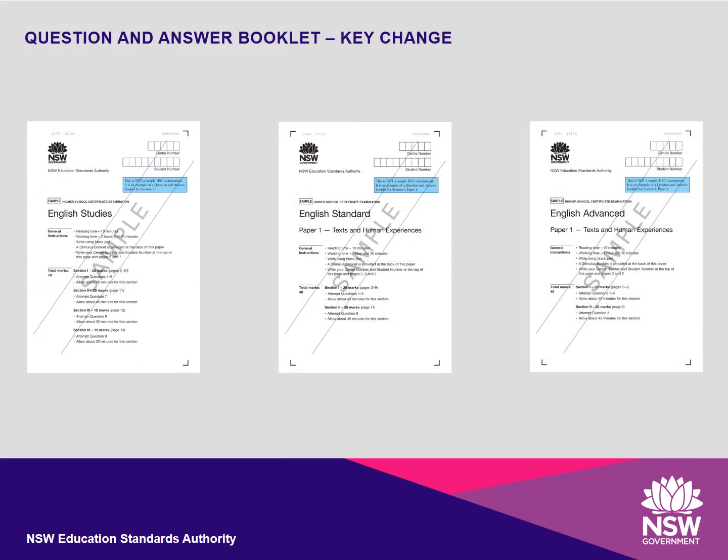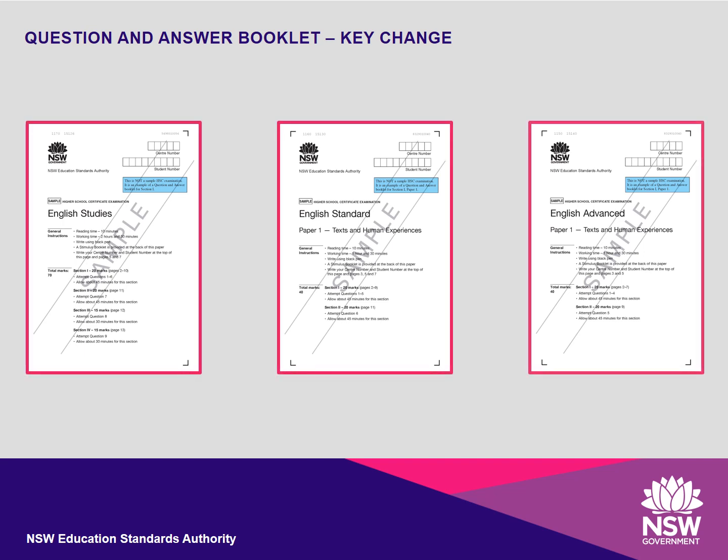Even though there will be some common questions in Paper 1 for English Studies, Standard and Advanced, each course will have its own version of Section 1. Having 3 separate versions of Section 1 makes it possible to ensure that students are assessed at a level appropriate to the course they are studying.